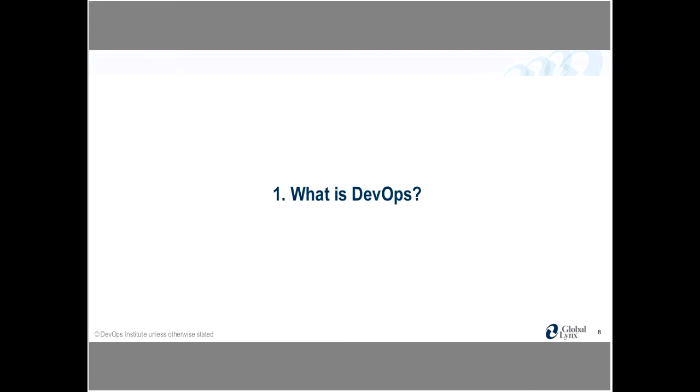So we'll start out with the question of what is DevOps? And here we've got a video by Damon Edwards called The History of DevOps. And I think it gives you a good understanding of where this movement or journey of DevOps started.